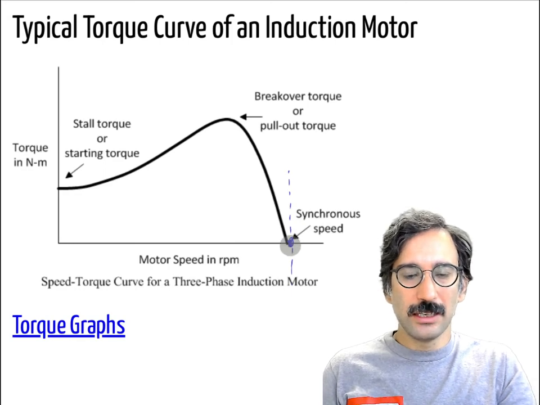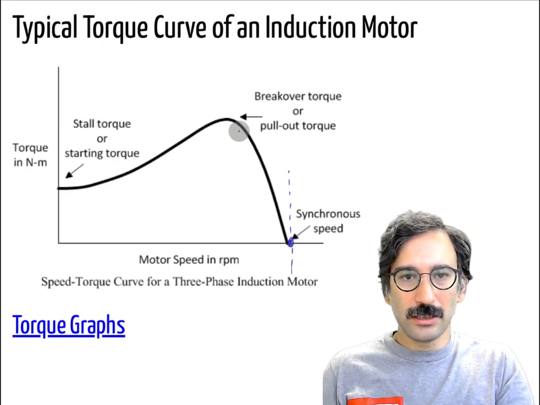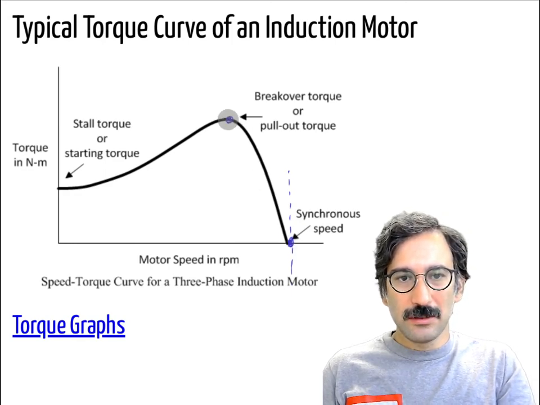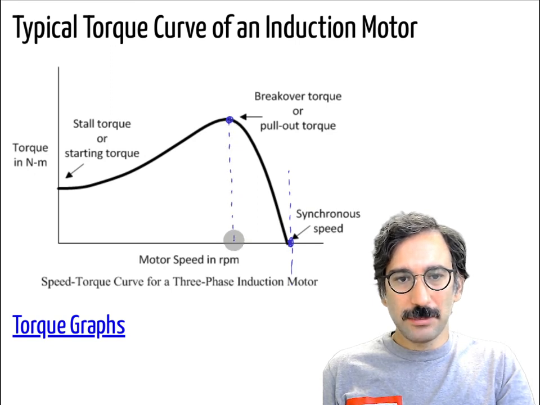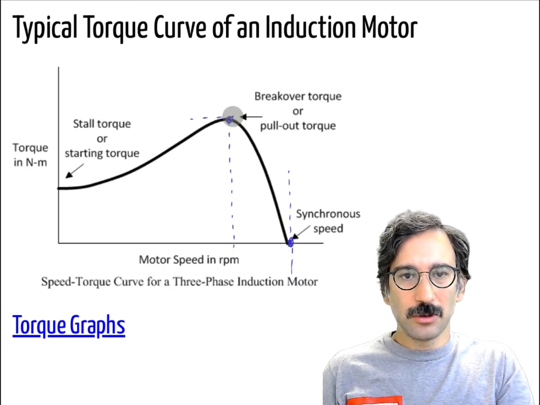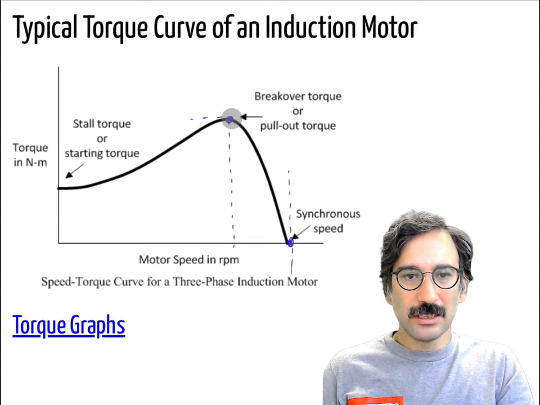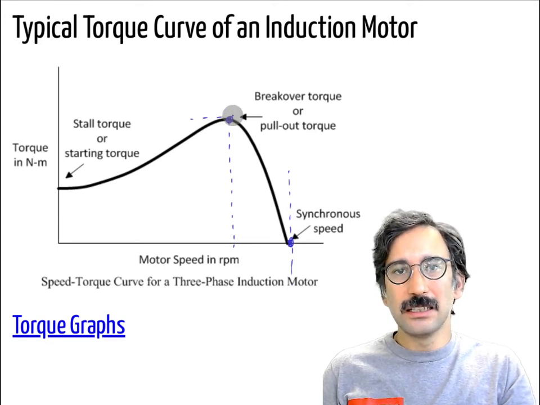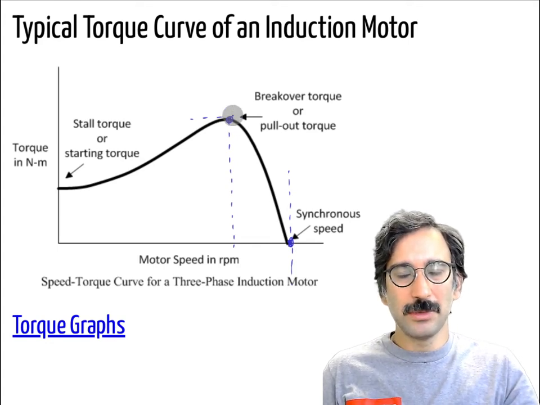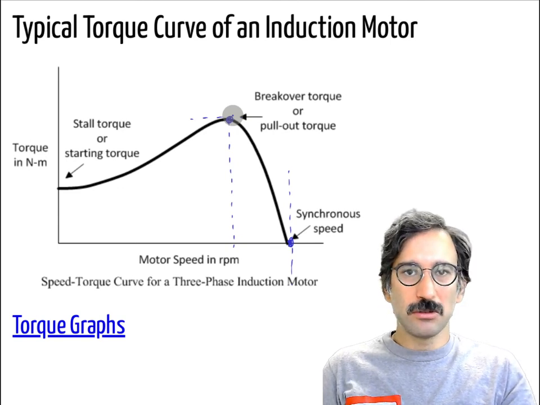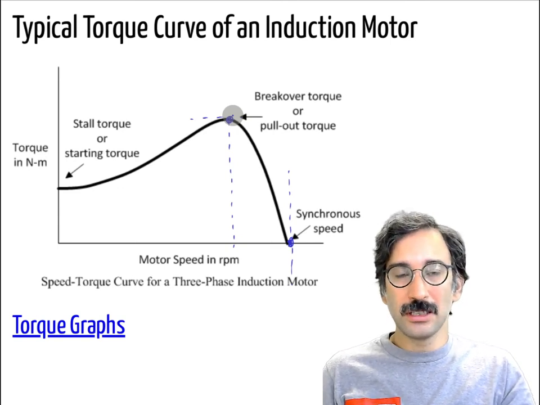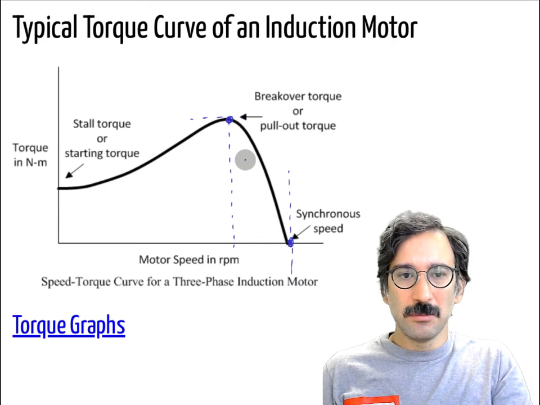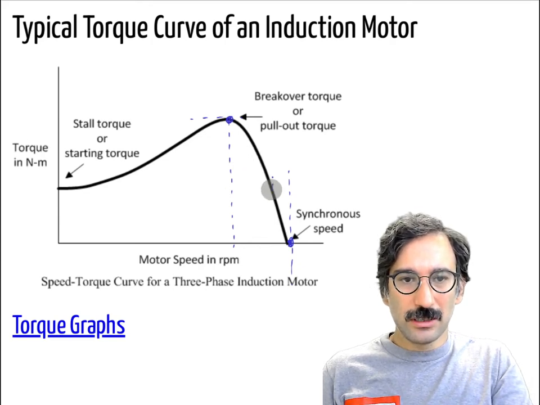So you have 0 torque here, and at some slip, the maximum torque is generated. But usually this is an overload case for many induction motors. That's okay to run for a couple of minutes depending on the machine size. But normally the machines are running at a smaller slip.